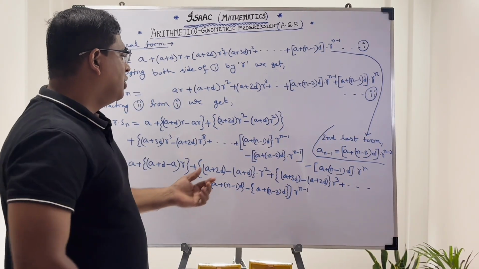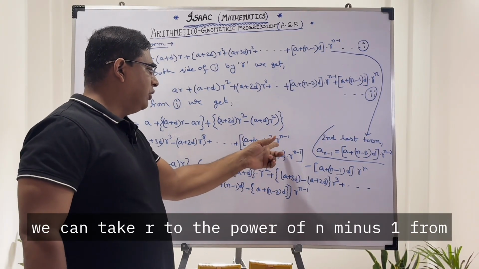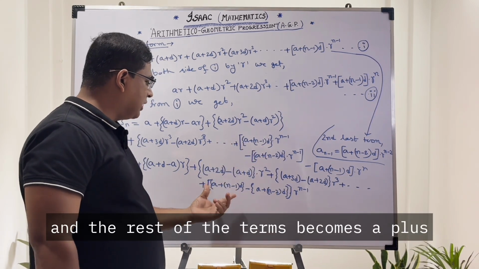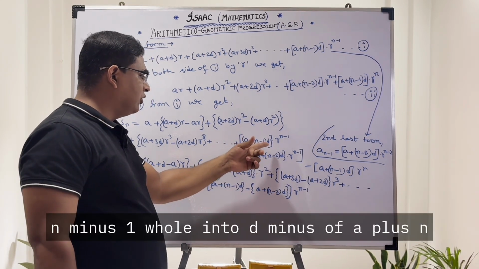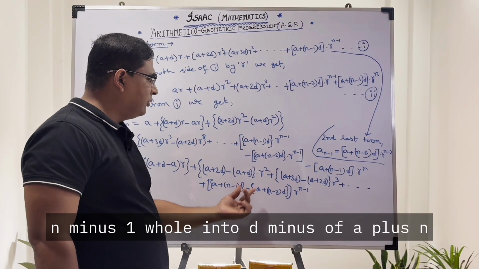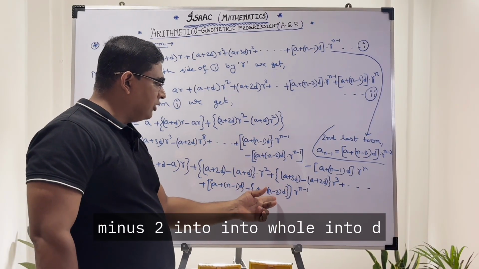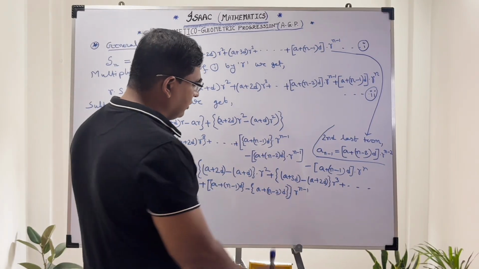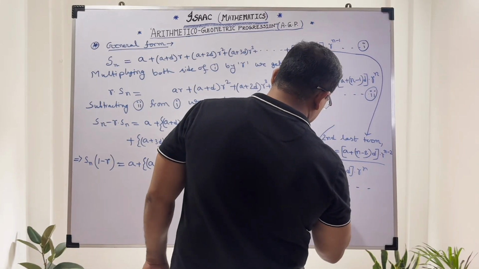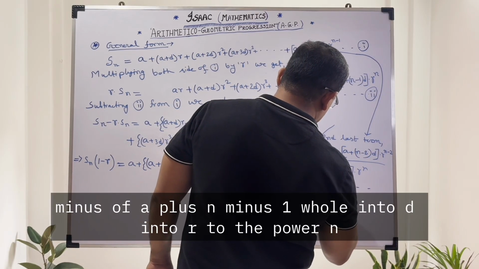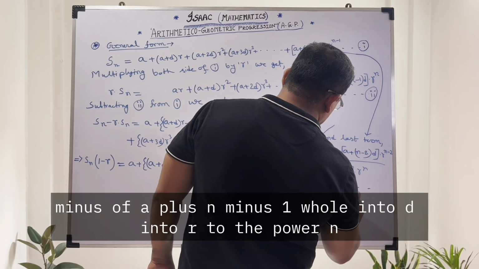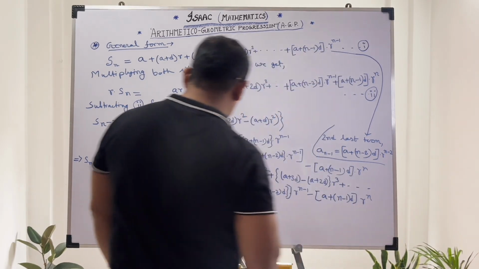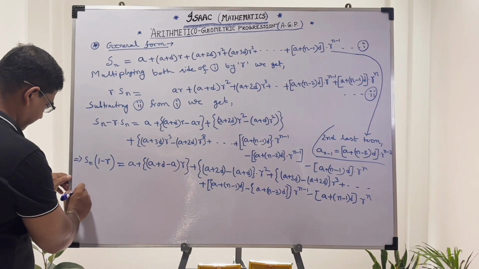That is why we can take R to the power of n minus 1 from these two as common, and the rest of the terms becomes A plus n minus 1 whole into D minus of A plus n minus 2 whole into D. So this whole into R to the power of n minus 1, and the last term becomes minus of A plus n minus 1 whole into D into R to the power n.